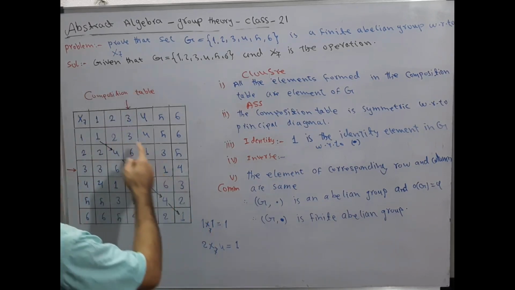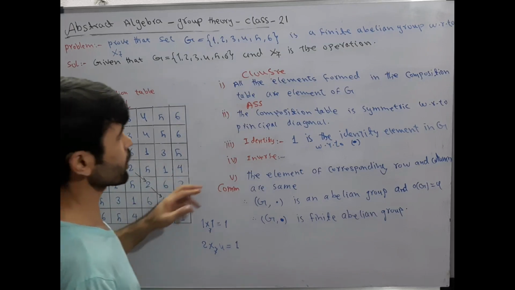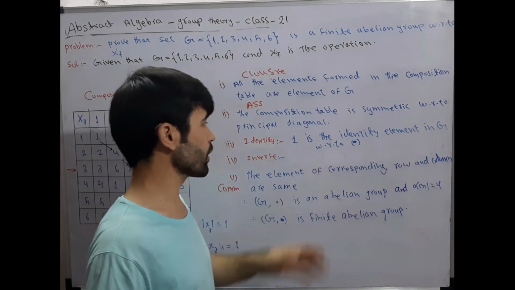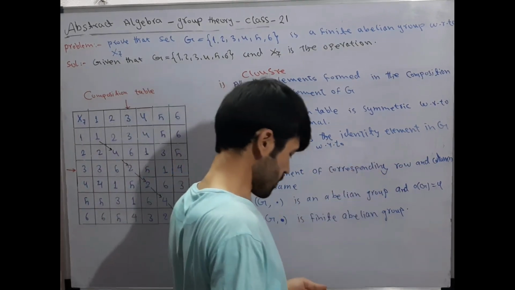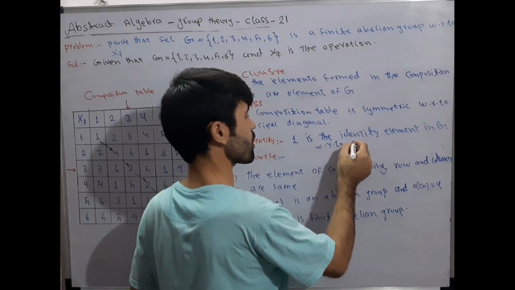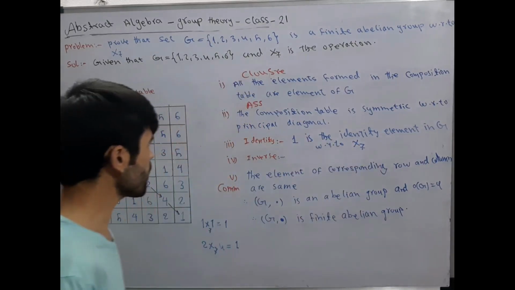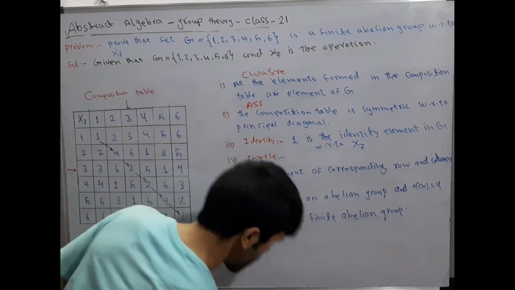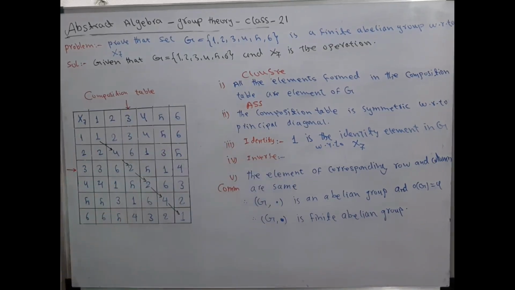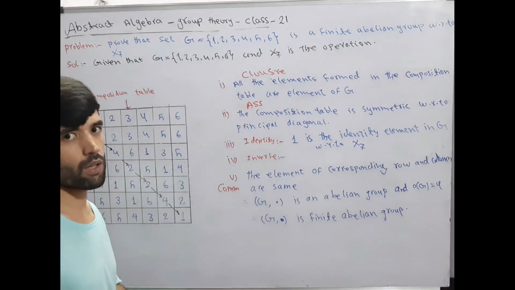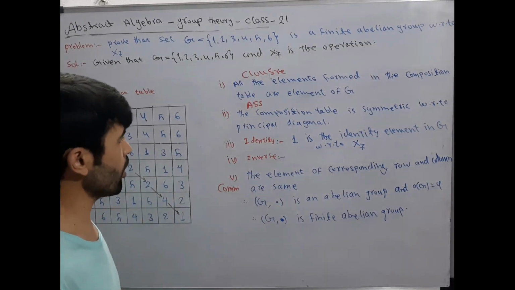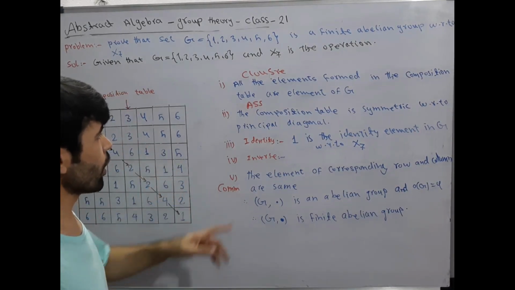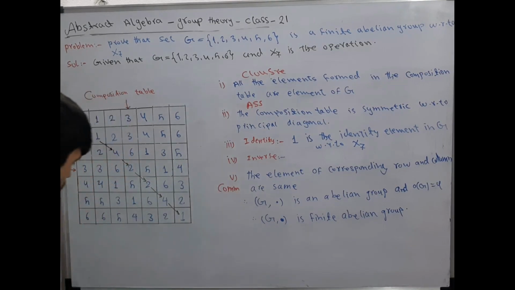Identity element. Here the identity element in this set is 1. 1 is the identity element in G with respect to multiplication modulo 7. Inverse. Now we want to check the inverse of each element. According to the definition of inverse element, if two elements under any binary operation give the identity element as the result, they are called inverse elements.